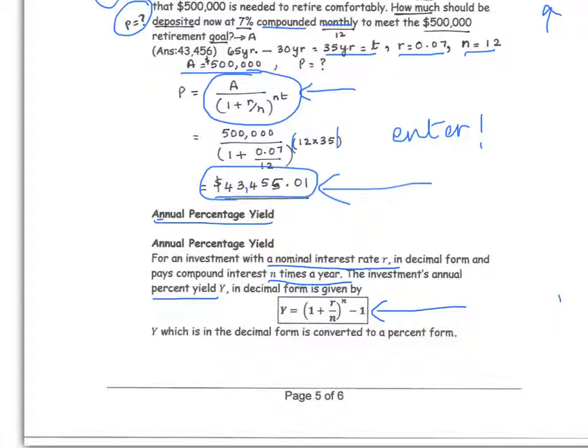If we need to find yield, this is the formula that we use. Usually the yield formula is used to compare two different types of compound interest accounts. If we had a choice of putting our money into two different types of compound interest accounts, it is sometimes hard to tell which one is a better deal. So reducing both to the yield percent gives us a standard form of percent, which will help us compare the two amounts.